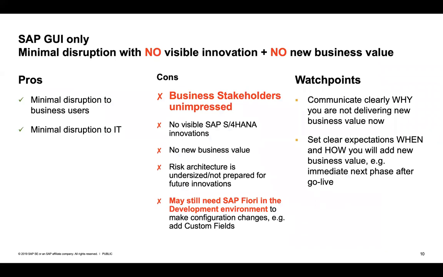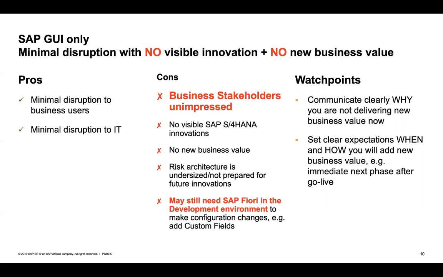So the way we view this is, okay, this approach, it's a technical conversion approach. Now, the pros of a technical conversion approach is you minimize disruption to users and you minimize disruption to IT. So where we tend to see this approach used successfully these days, in the early days, it was used because people just didn't have the Fiori part of it.